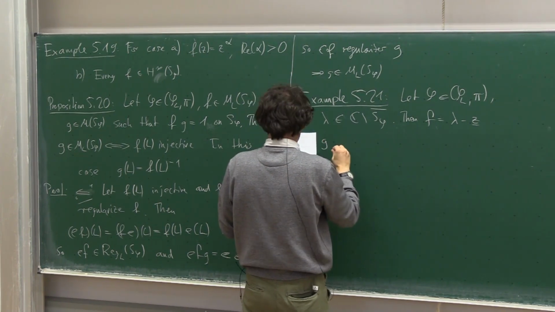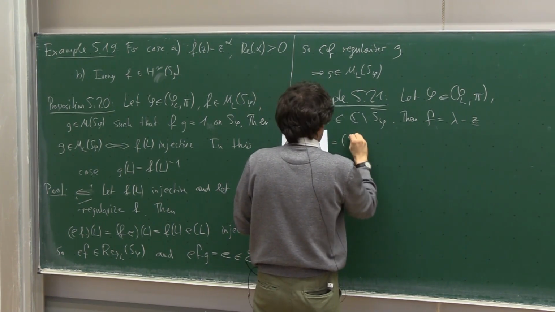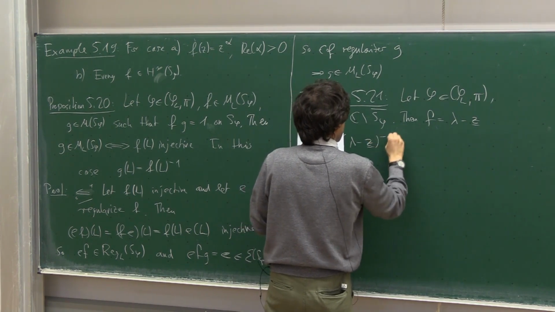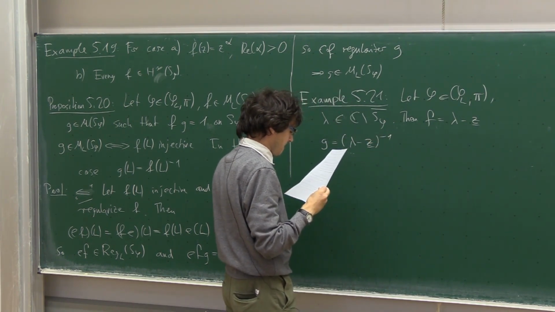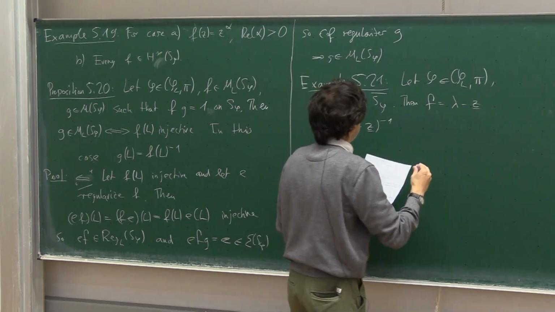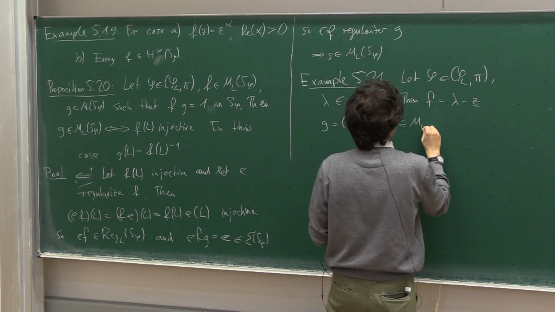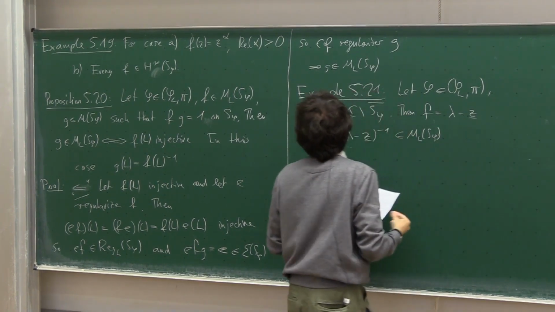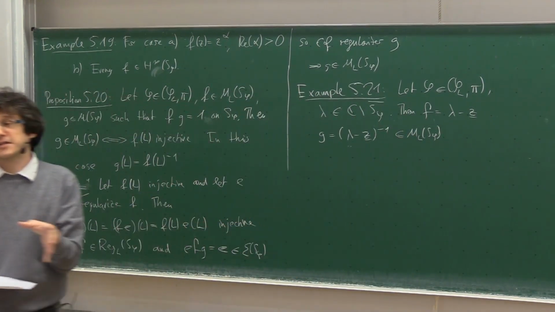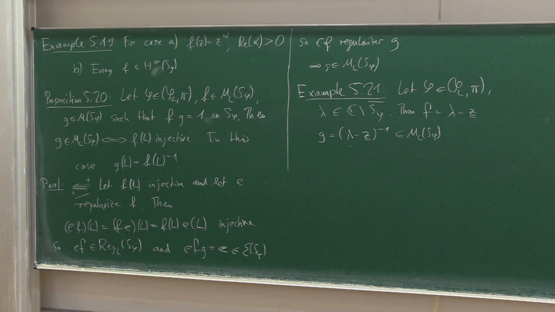If you now look at lambda minus z to the minus 1, then we know these two are both regularizable. This was shown in 518. This is a consequence of 518 because they have limits at 0 and they have polynomial control at infinity.